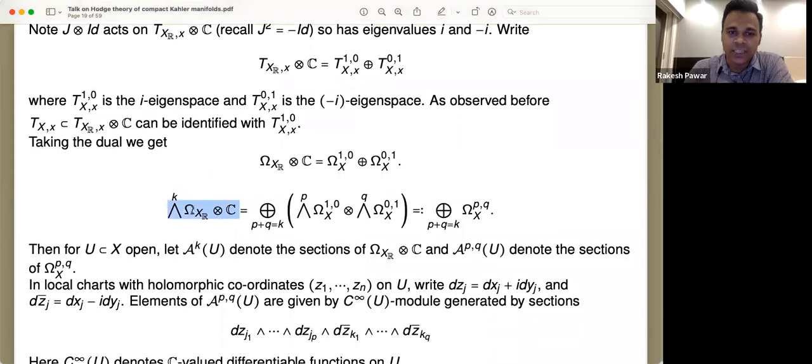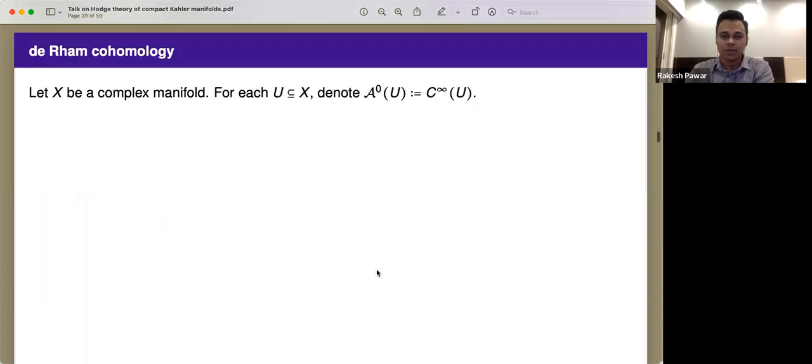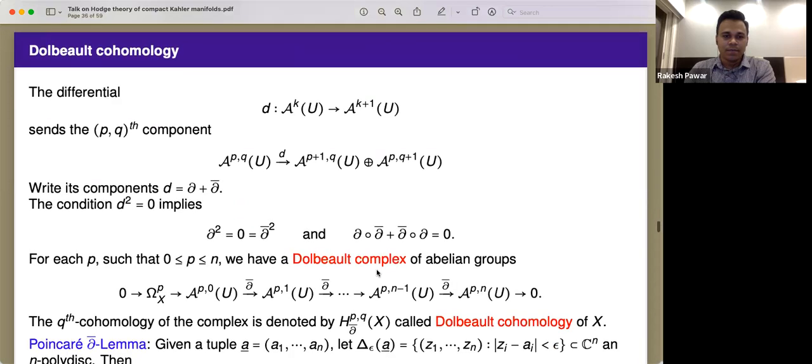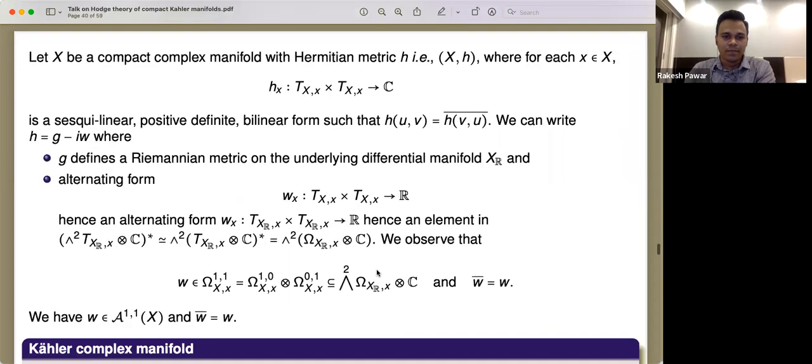I got W as an element in lambda 2 of this, and I break it into pieces: omega^{2,0}, omega^{1,1}, omega^{0,2}, and I'm setting W as a section in the middle piece, omega^{1,1}. And that is an element of A^{1,1}. A^{1,1} of U of X is a section of this omega^{1,1}.